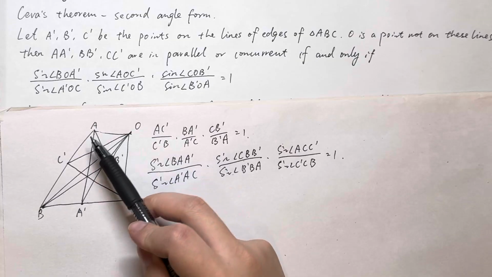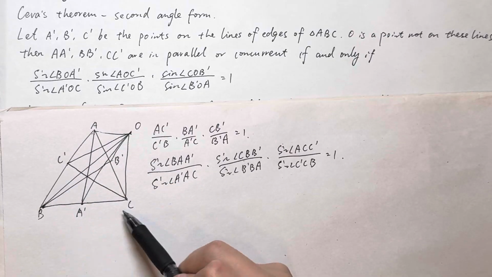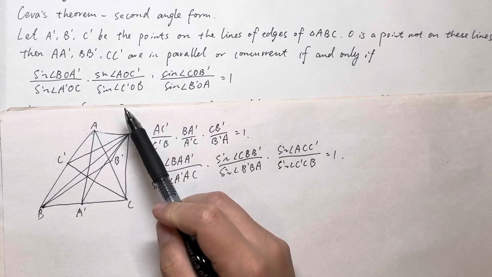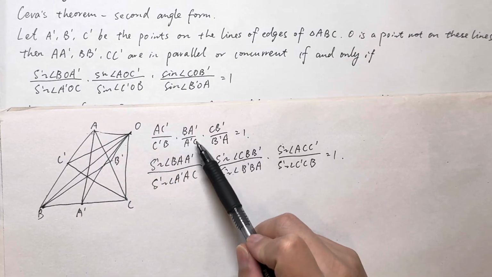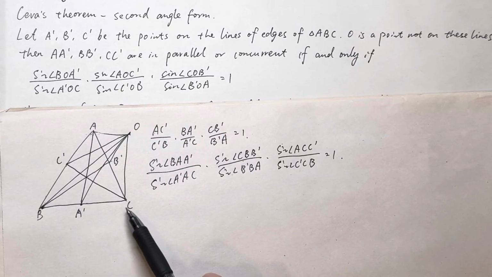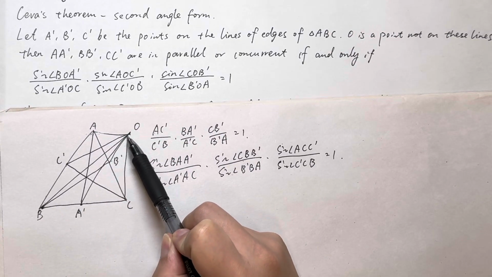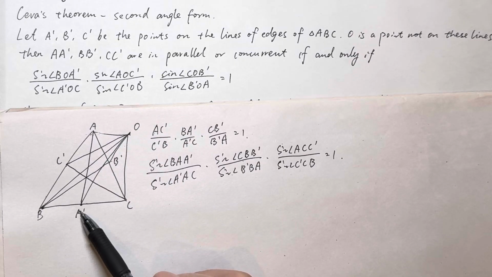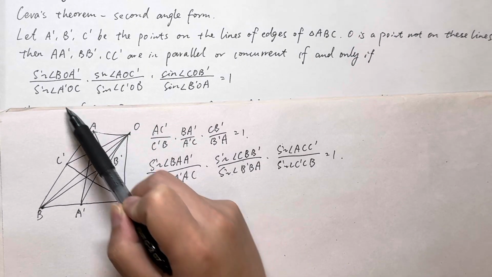We just transfer each edge ratio to an angle ratio. You can see eventually we transfer BA prime to A prime C to the angle ratio, which is angle BOA prime to A prime OC.